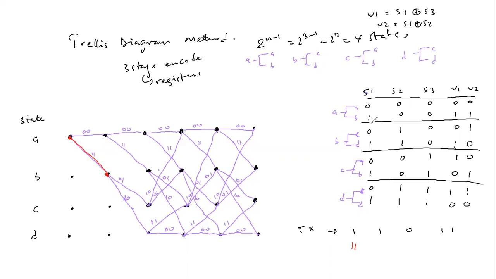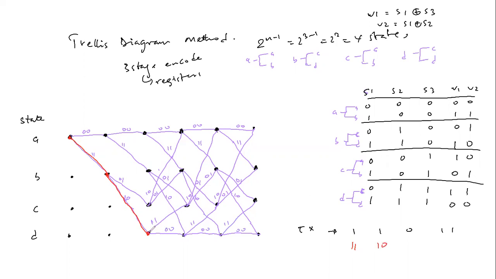Now, from state B, we can either move to state C or D. And now we have another 1 emitted. So if a 0 was emitted, we go to state C, but now a 1 is emitted, so we're going to go to state D. So we're going to trace down, and the output there is 1, 0.